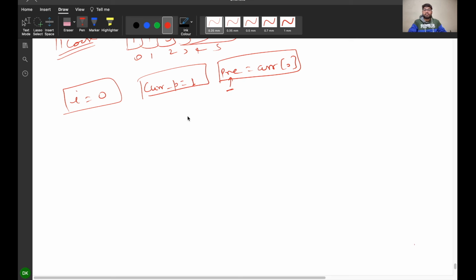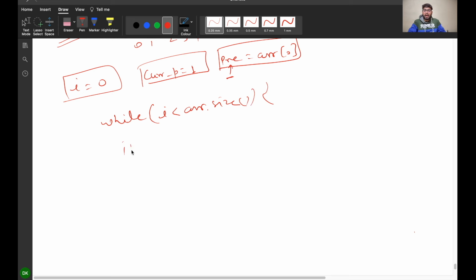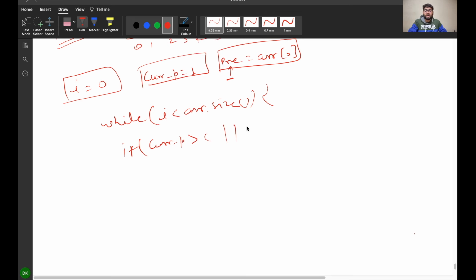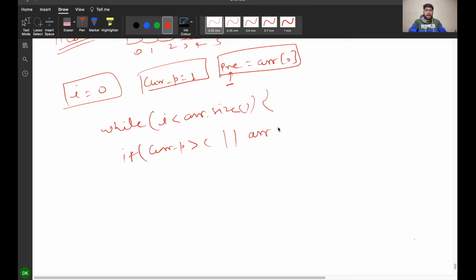After initializing these variables I start a while loop, I less than array dot size. Every time I have to check if my current person is greater than capacity, or if ARR I minus pre is greater than my waiting time.